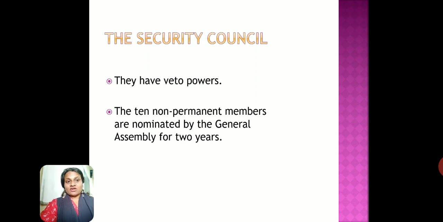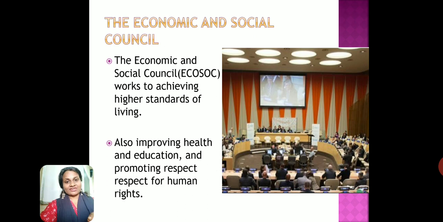Now 5 are permanent, so what about the rest of the 10 out of the 15 members of the Security Council? These are non-permanent members who are elected in the General Assembly, like I told you earlier. They are nominated by the General Assembly for 2 years and then they will be considered for re-election. Alright. So this is about the Security Council.